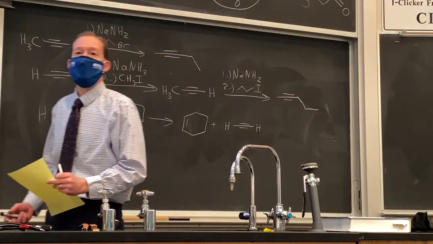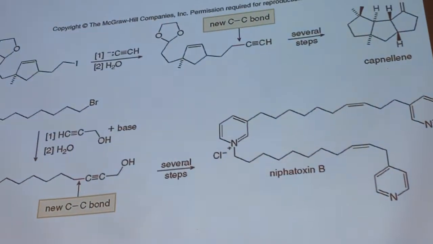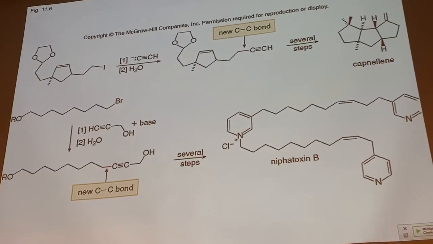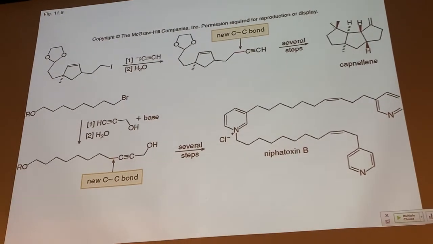So because of the ability to form longer chain molecules from shorter precursors, the alkylations of acetylides are quite useful and have been used for many purposes. The book shows you a couple of these reactions here on the screen. So in the first one, I'm not sure, to be honest, why they added water here.